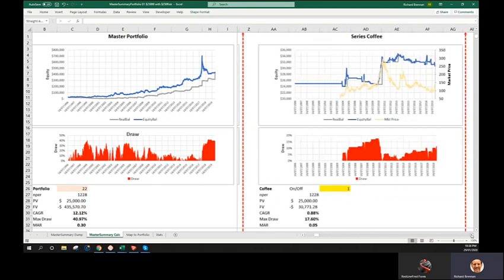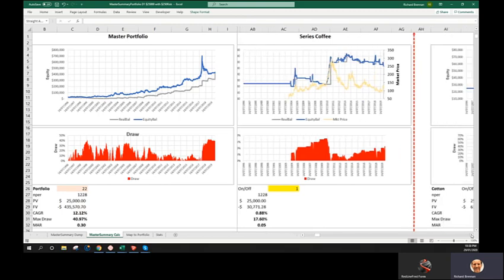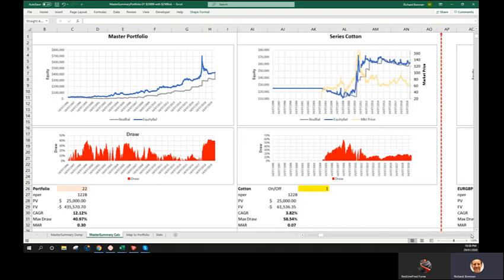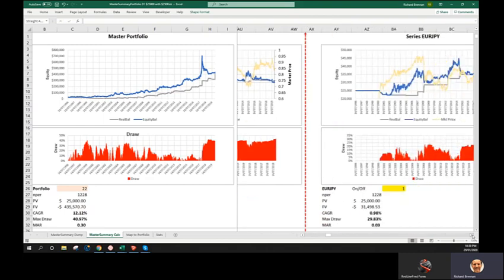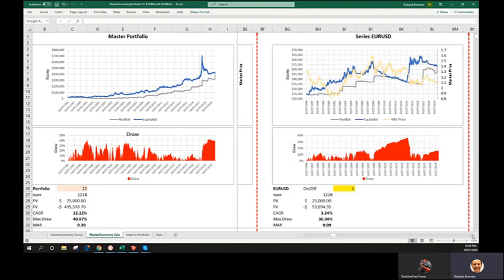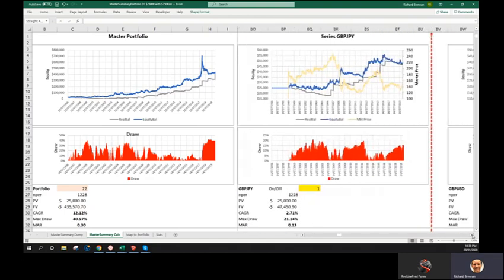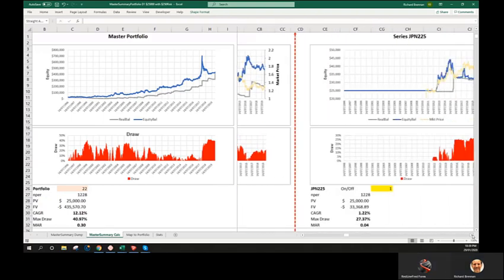If we go to coffee, once again, as I step through these, I don't need to explain them. It just shows you that each of these individual markets have unique equity curves and unique drawdown profiles. Here we go to Euro GBP, Euro JPY, Euro USD, Pound Yen, Pound USD.